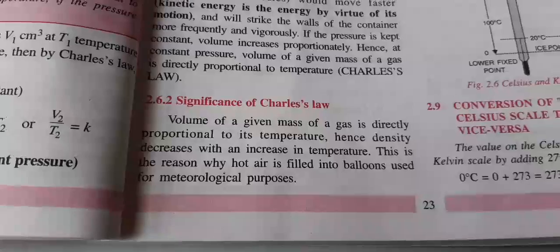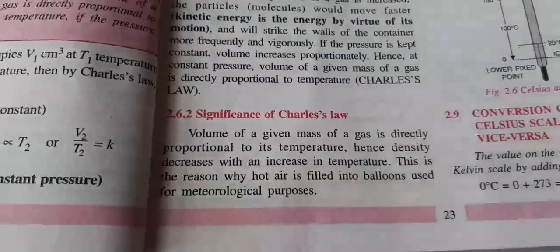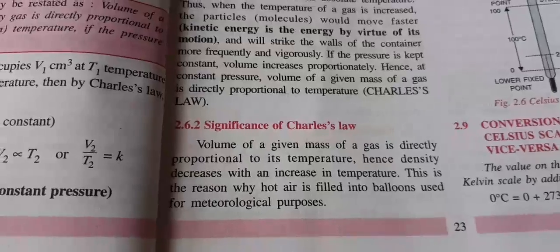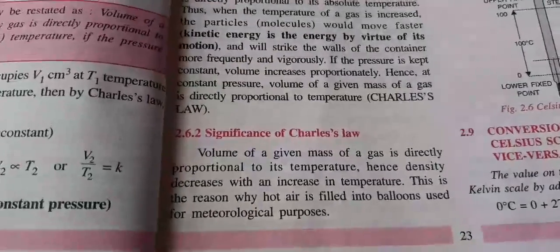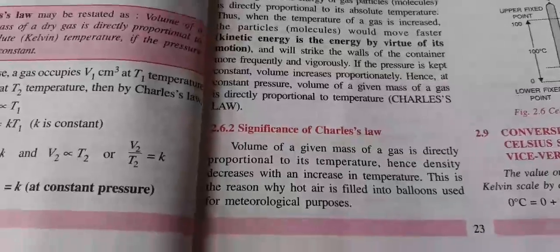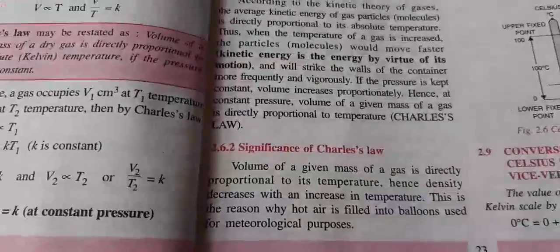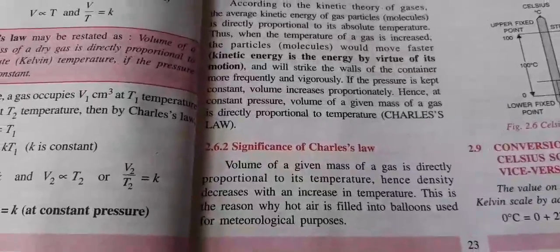Okay, now coming to the significance of Charles' law. The volume of a given mass of a gas is directly proportional to its temperature. Hence, density decreases with increase in temperature. When I am increasing the temperature, the volume will increase, and the molecules will move apart from each other. Hence, there will be a reduction in the density per unit volume.